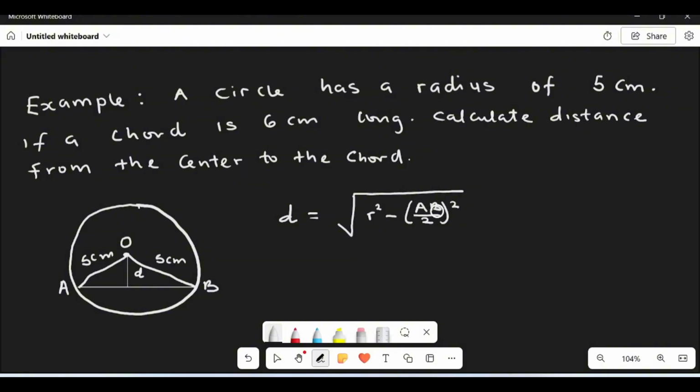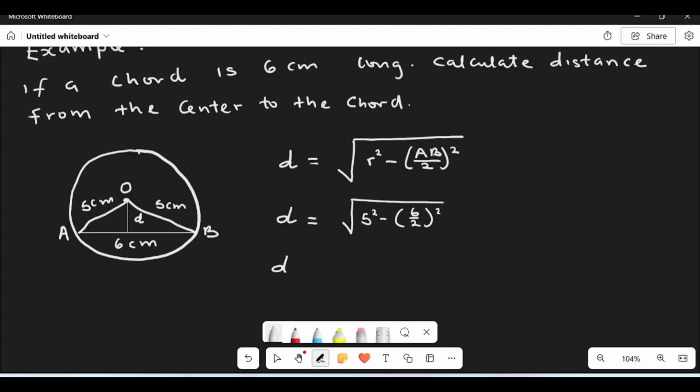Our AB is the length of the chord, and it is given in the question as 6 cm. So let us plug in our values into this equation. D equal to square root of 5 squared minus (6 over 2) squared.